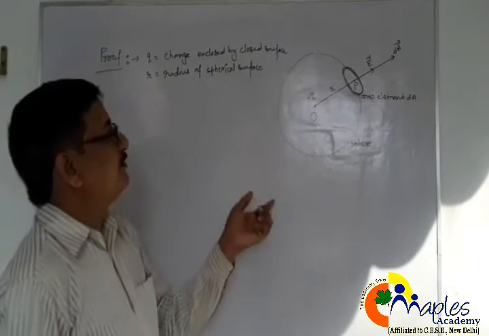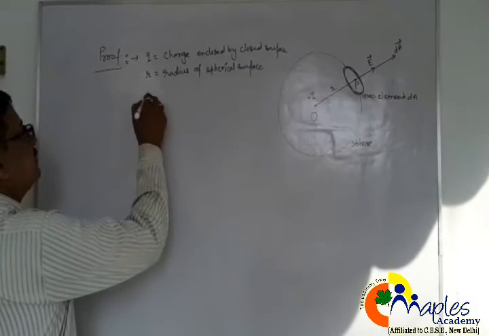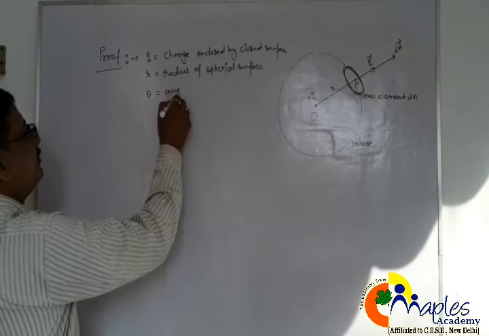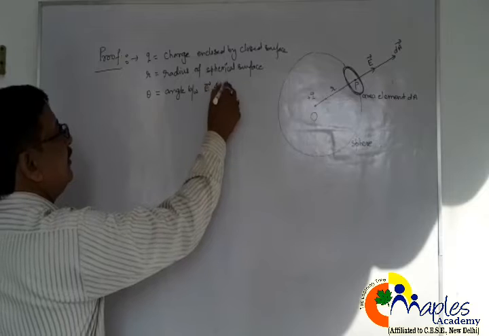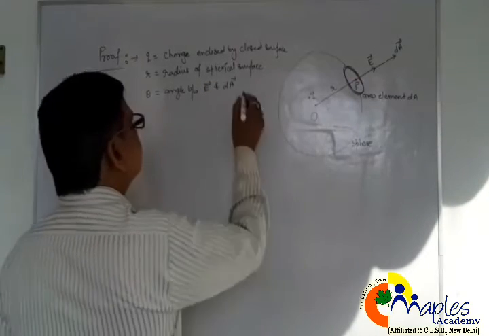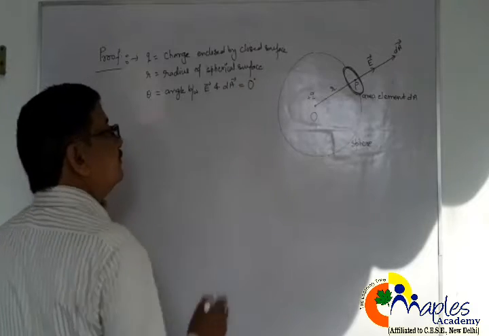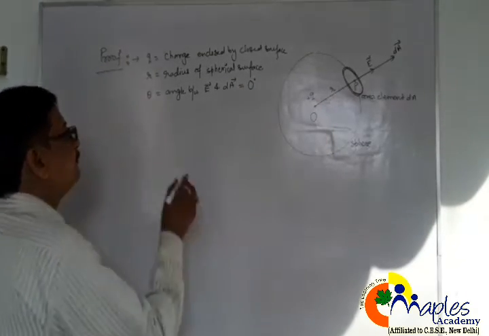Such types of closed surface are known as Gaussian surface. And what is theta? The angle between E vector and dA vector, and it is 0 degree here.